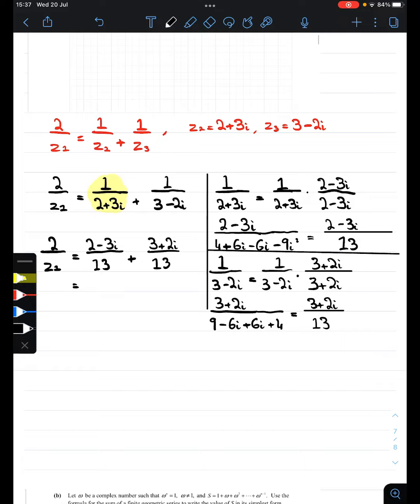It's over the same number, so we can just add these together, real plus real and imaginary plus imaginary, so we get 5 minus i over 13.